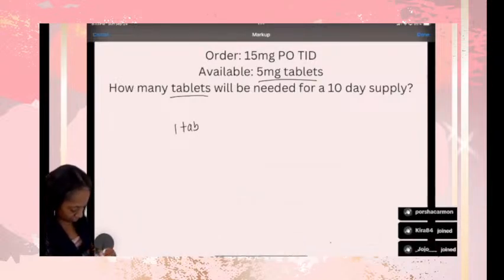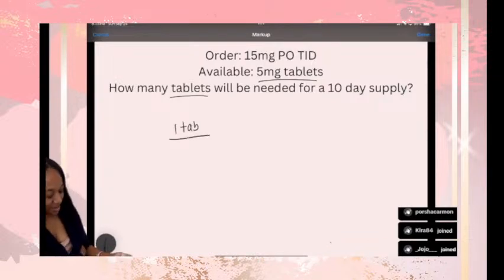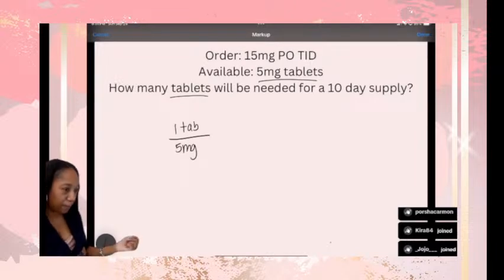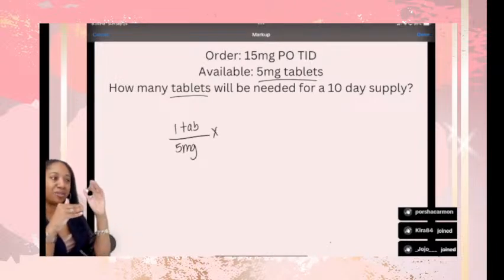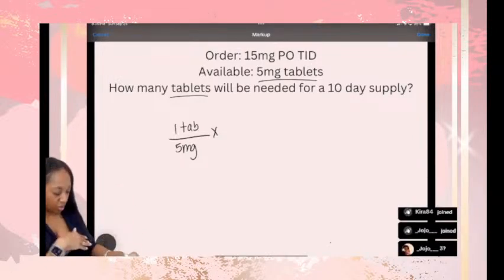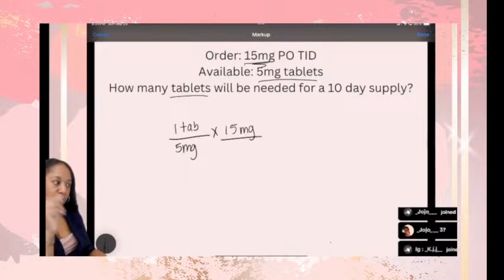Minimize, move. There we go. 1 tablet is 5 milligrams, okay? So now we have milligrams on the bottom and we need milligrams at the top, okay? So 15 milligrams, so we'll go right here. That's how many have been ordered by mouth 3 times a day.